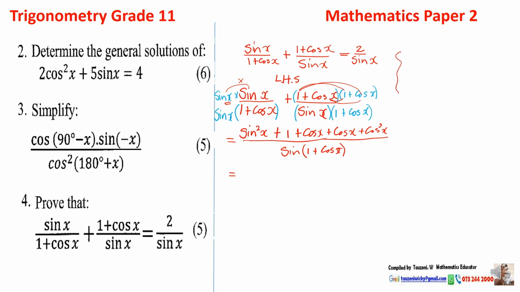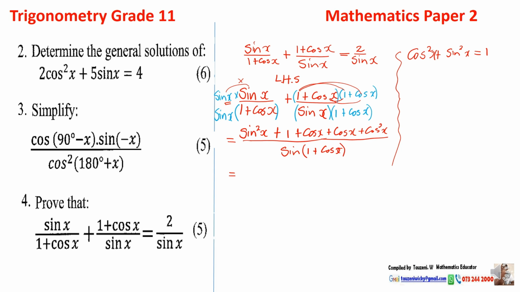When working with identities, we know in grade 11, we emphasize two identities, cos squared x plus sine squared x equals 1. So when I'm working my identity, if I see cos squared x or sine squared x, I must think of this identity. Sine squared x plus cos squared x equals 1.